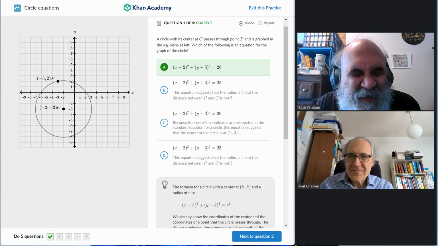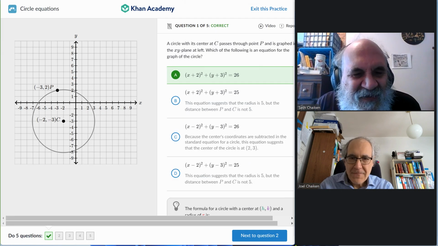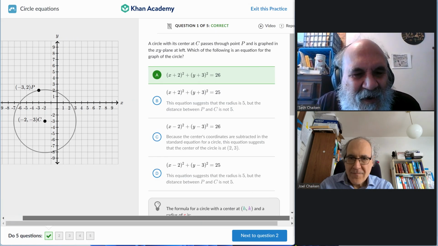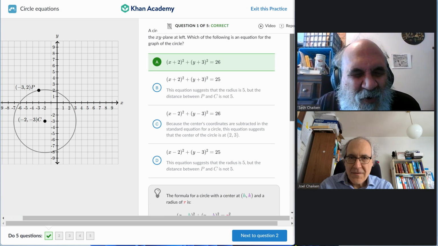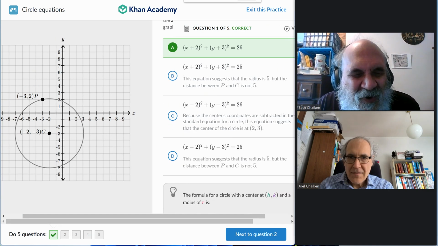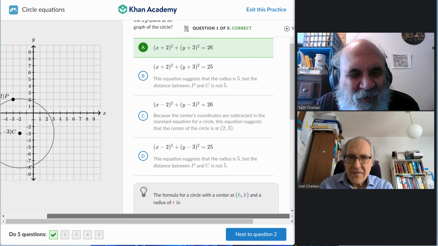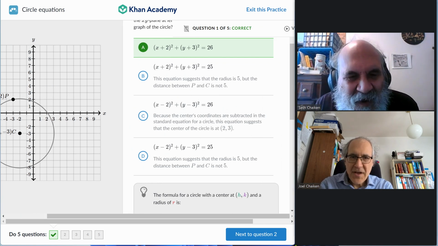Well, see, they rule out C because the equation in C is the equation for a circle with a center that's not the given center. Okay.